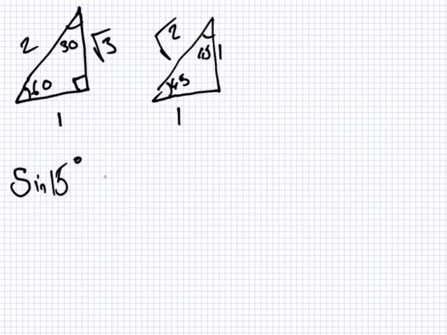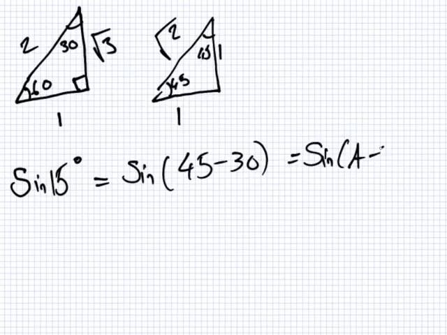So you can say sine 15 is exactly the same as sine 45 minus 30. After all, 45 minus 30 is 15. Why is that useful? Because this is now like sine A minus B, where A is 45 and B is 30.